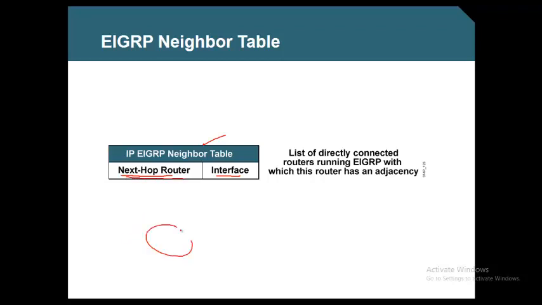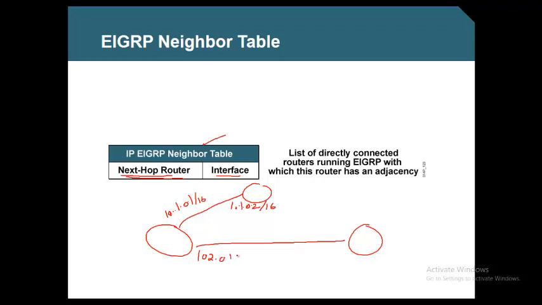For example, now, if you check R1's neighbor table, let's say this is E0 and E1, it will say I got 10.1.0.2.